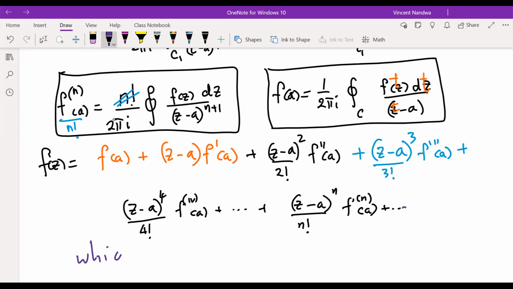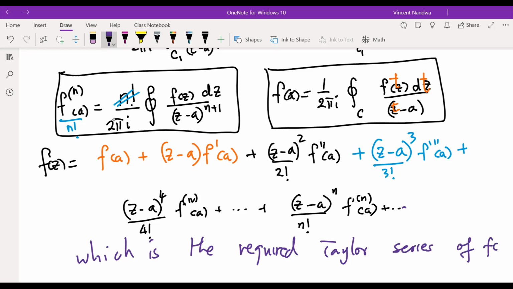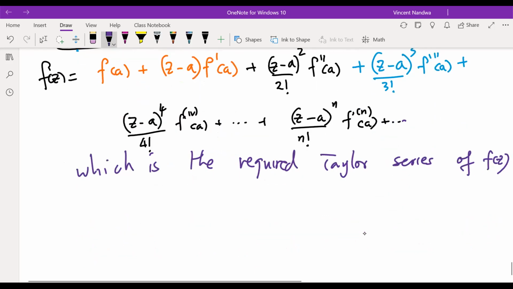Which is the required Taylor series of f of z about the point z equals a.